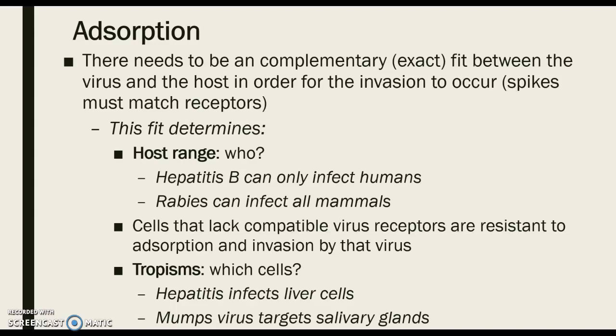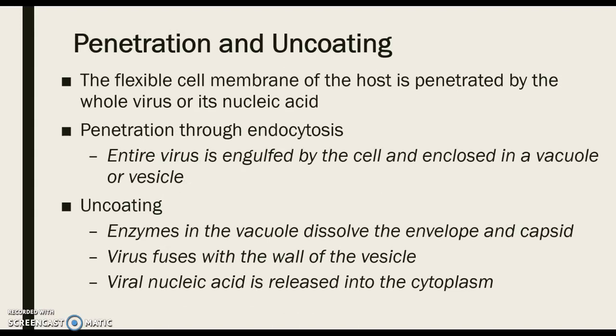And then that fit will determine whether it's going to infect you as a human or just a dog or plants. And tropisms is specific to the cells, like which cells of that organism they will infect.